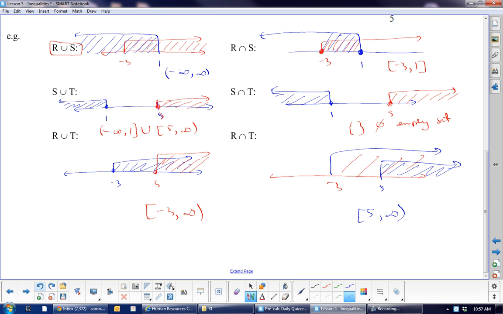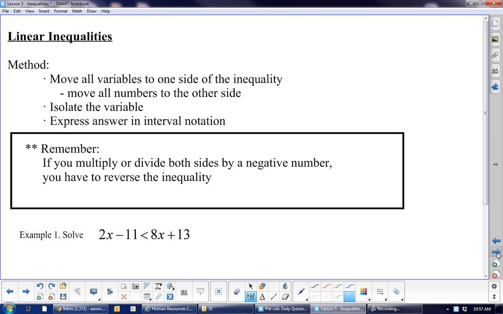Now we're going to solve inequalities. Just remember all the stuff we just did, because when you solve inequalities, we're often going to have to display the answer with either union or intersection or.